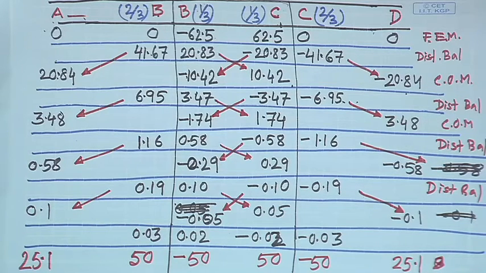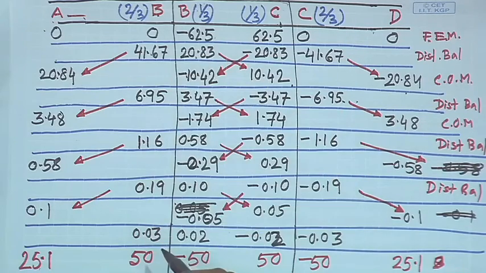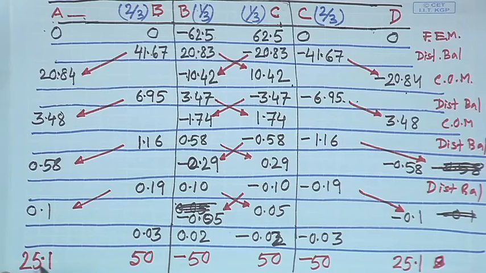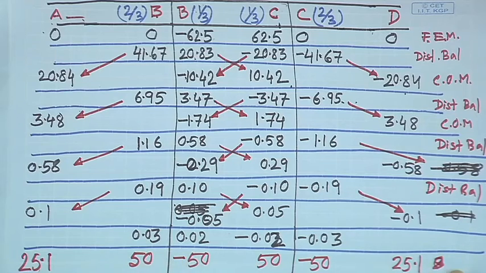But in the moment distribution method, the value you obtain is 25.1 here and 25.1 here, which is obvious because it is an iterative procedure. At every step you have to do some approximation. If you continue, you may get 25.0, but this is a very close result to the actual moment of 25.